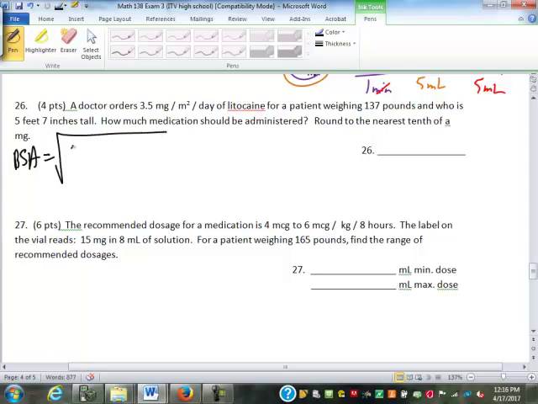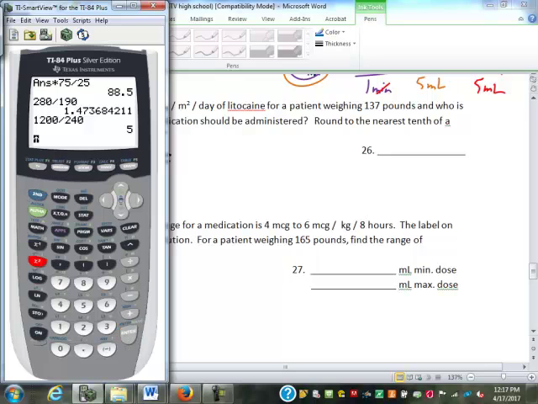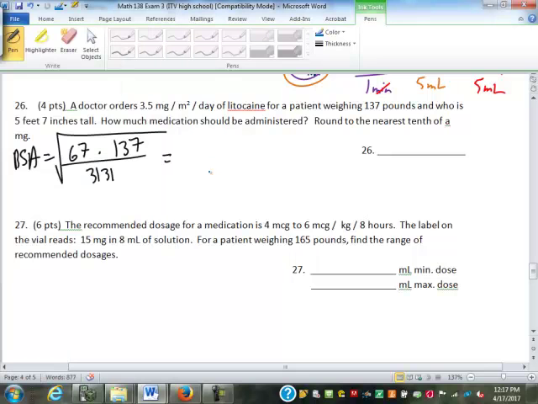5 foot 7 is 67 inches times 137 pounds. Since these are in pounds and inches, we're going to divide by 3,131. So the square root of 67 times 137 divided by 3,131 is 1.71 square meters.